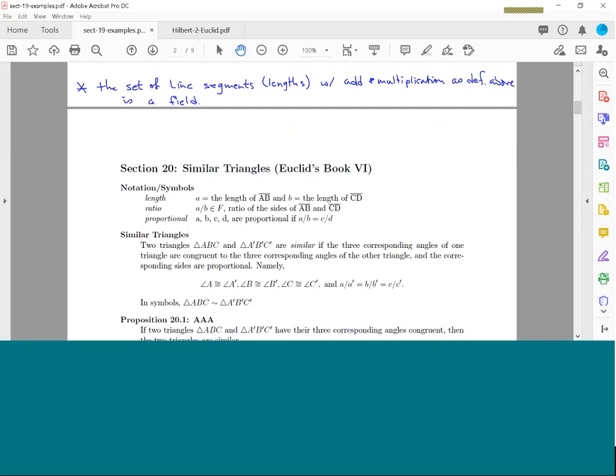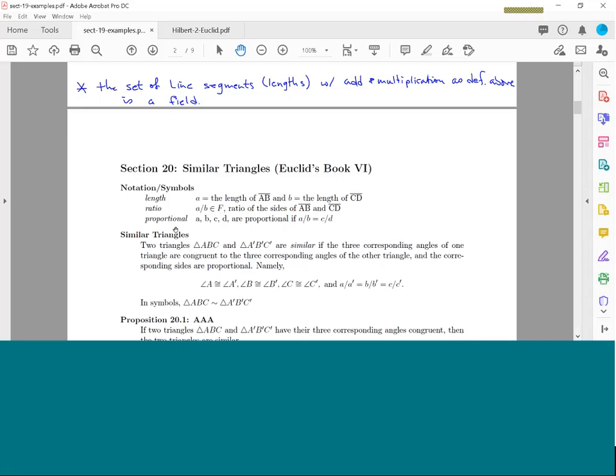And since we just found that the lengths of line segments form a field, this means that this fraction AB, you could actually simplify it and it'll be some number in that field of line segment arithmetic. Now, proportional is the last buzzword that we're going to need to worry about, because this occurs in tons and tons of the propositions associated with similar triangles.